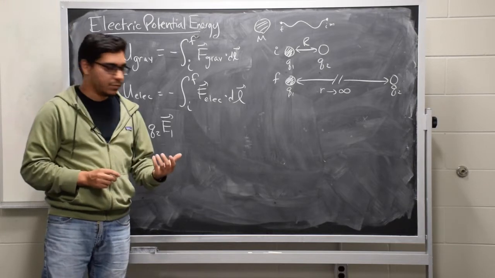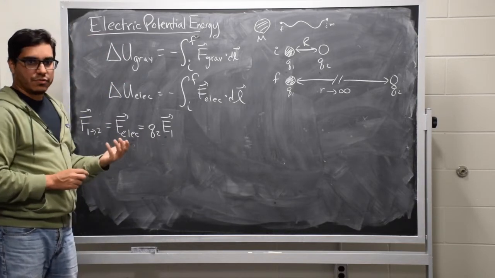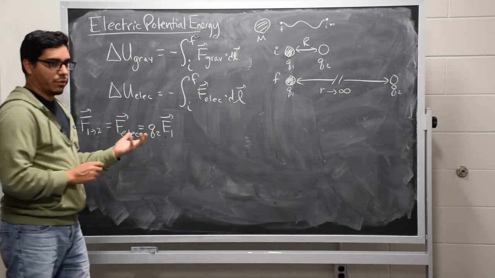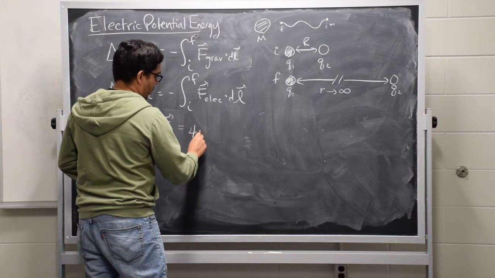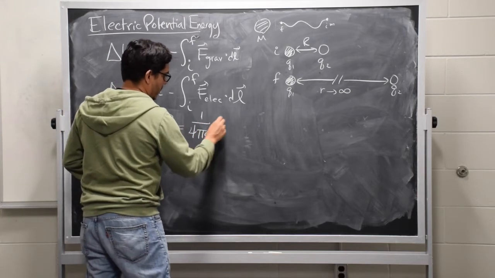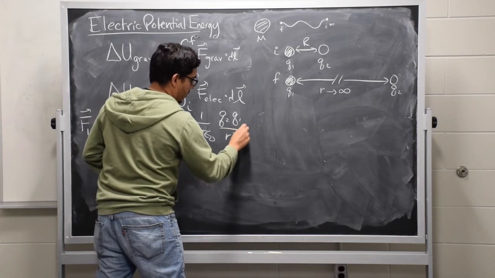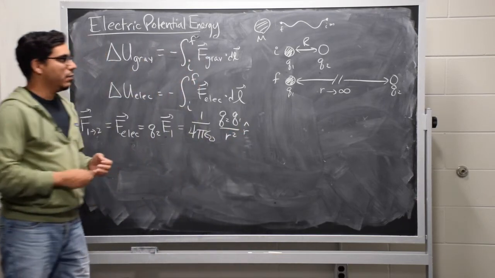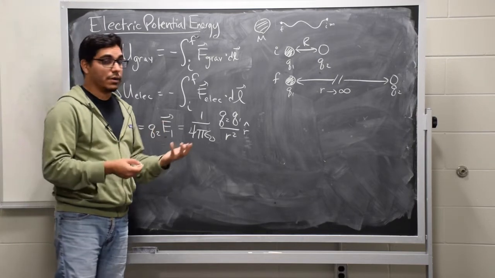Going back to our other description of it. So this electric field is the electric field description that we've had previously for point charges. So we'll just write the rest of that out. So that's going to be 1 over 4 pi epsilon 0 Q2 Q1 over r squared r hat. Now, we're making another simplification to this problem in that we're only going to deal with it in one dimension.